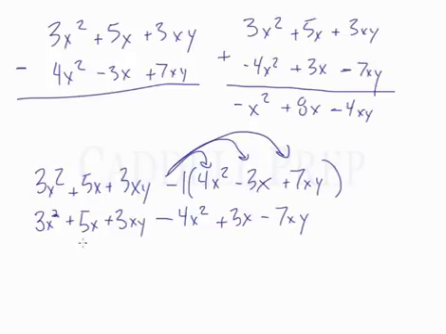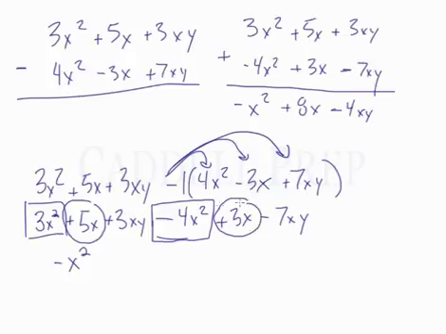And again, we'll just combine like terms. So we have 3x squared and a negative 4x squared. Again, when we combine like terms, we add. So we have 3 plus negative 4x squared. That's negative x squared. Look at the x terms. We have positive 5x and a positive 3x. We'll add these to get positive 8x.